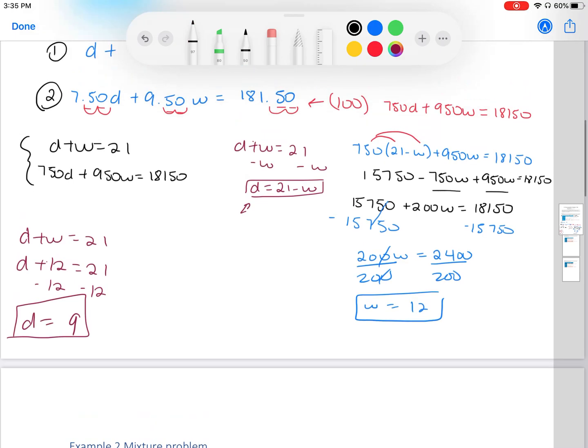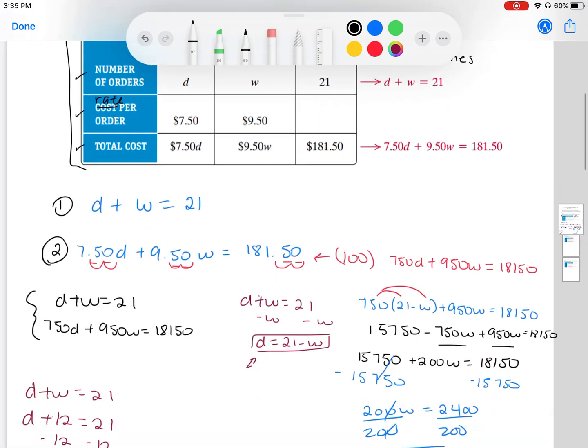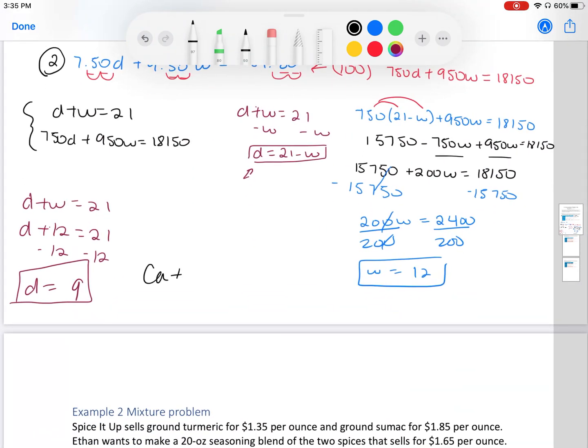So Kathy should order 9 salads, since D is salads, and 12 sandwiches.